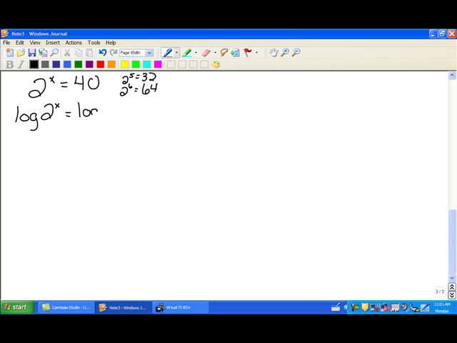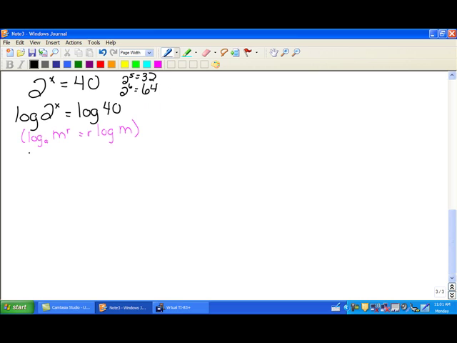If we take the log of both sides, algebraically it's equivalent as long as we do the same thing to both sides. Then we can see that we have the power rule. Remember, the power rule says if we have the log of a number with a power, we can pull that power down in front of that logarithm.